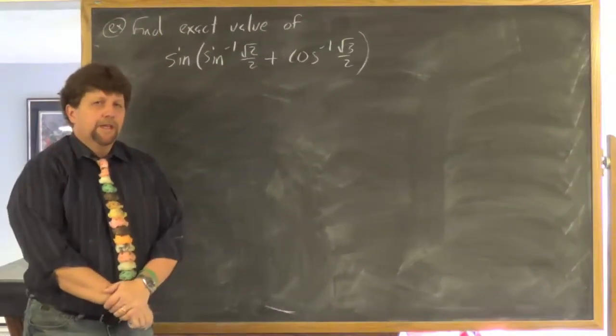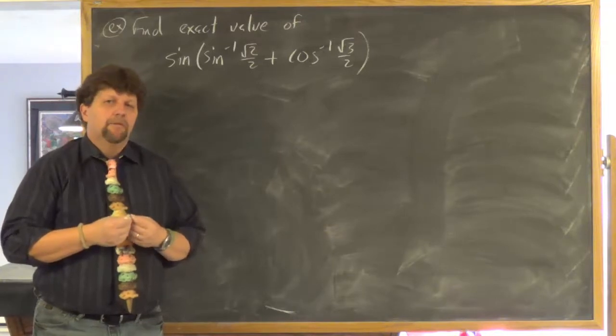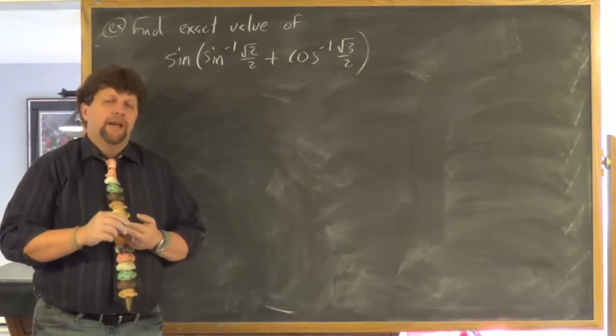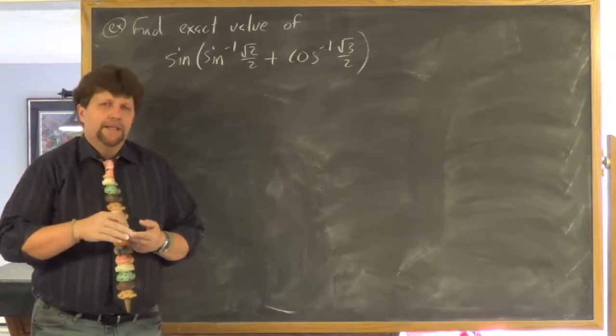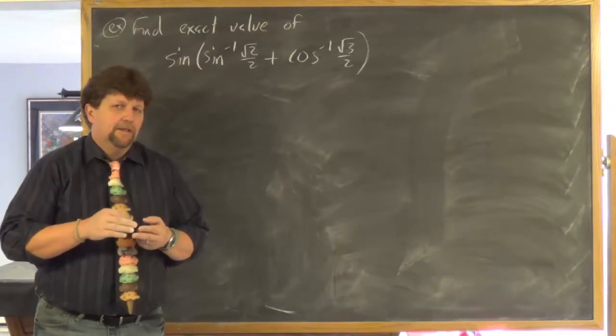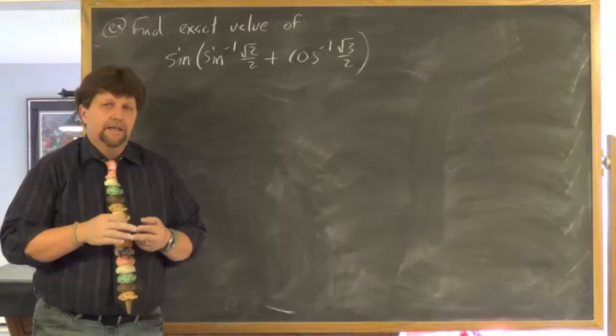Hey folks, a couple more examples. Before we do this example, you may have noticed I didn't write up on the board the identity for tangent A plus B or tangent of A minus B. You'll find those identities in the book. In the grand scheme of things, they're not nearly as important as the sum and difference identities for sine and cosine.